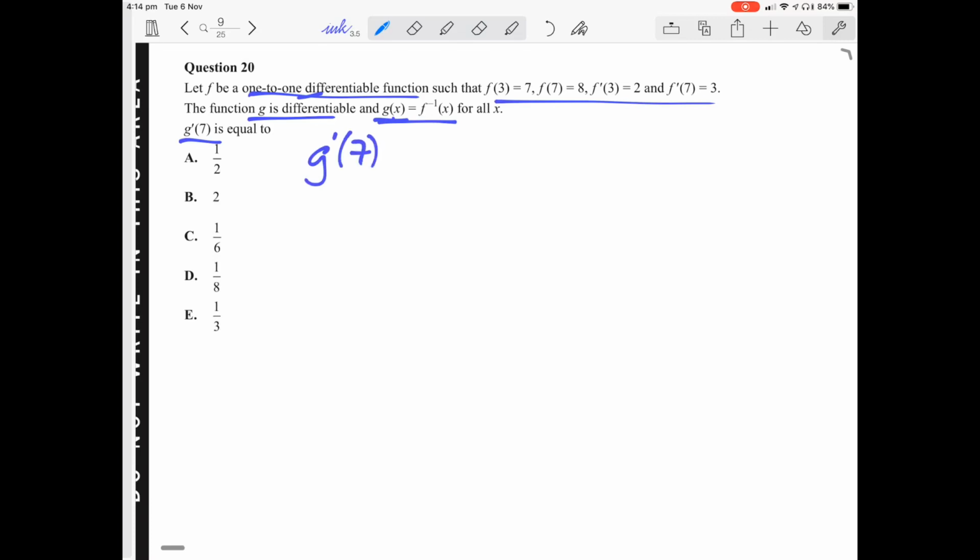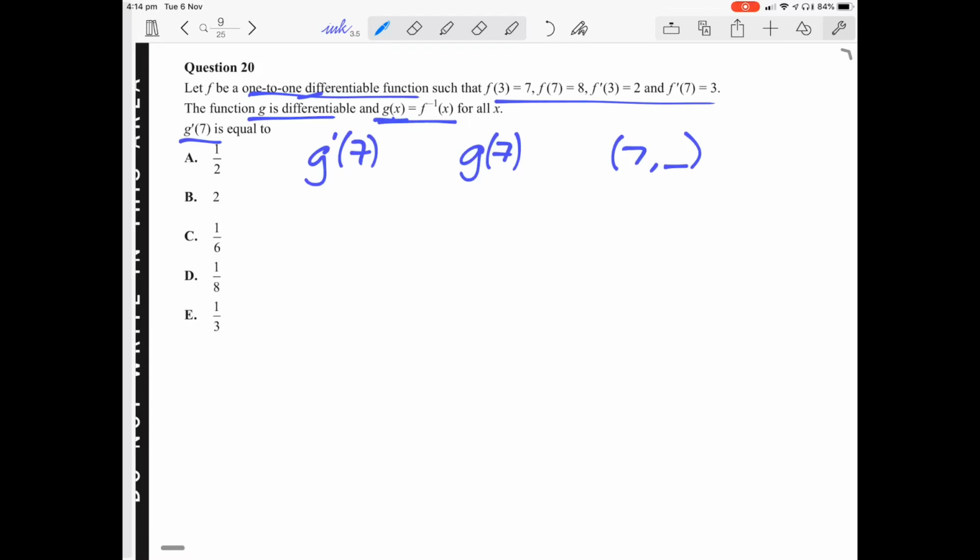Before we do that, if we had g of 7, so if we substitute x as 7 into our inverse function, we would have the point 7, something. We don't know what that something is. We don't really care.